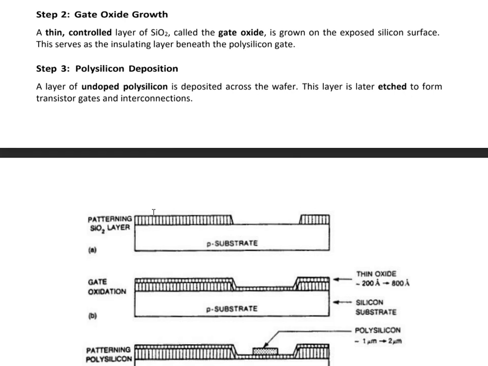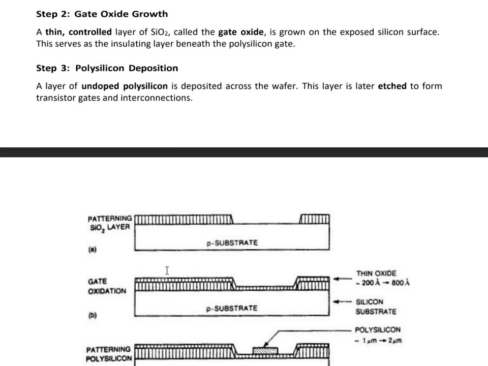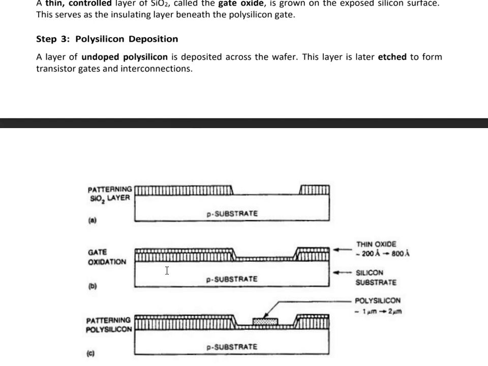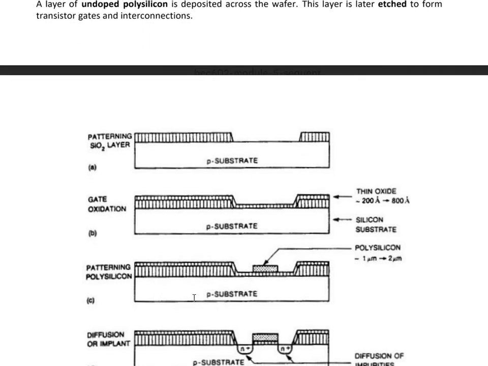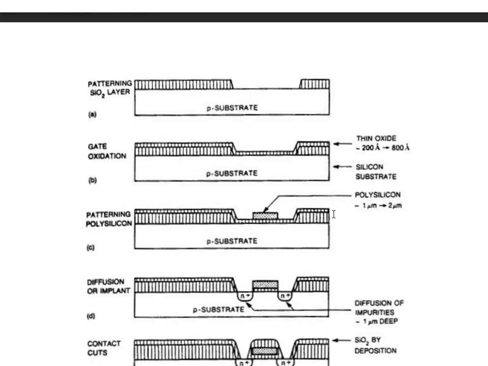Next is gate oxide growth. A controlled layer of SiO2 called the gate oxide is grown on the exposed silicon surface. This serves as an insulating layer beneath the polysilicon gate. The third step is polysilicon deposition. Here in figure C you can see the deposition of polysilicon on the surface of the thin oxide and silicon substrate.